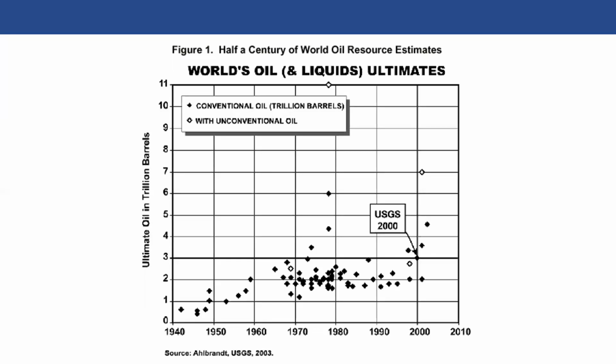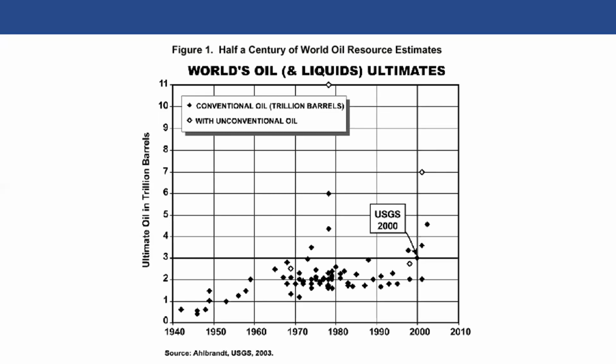You can see that it's a pretty wide range, right? Anywhere from 1 to 6, even as high as 7 trillion barrels of oil. The number that I cited before in an earlier slide would be just one point on this plot.